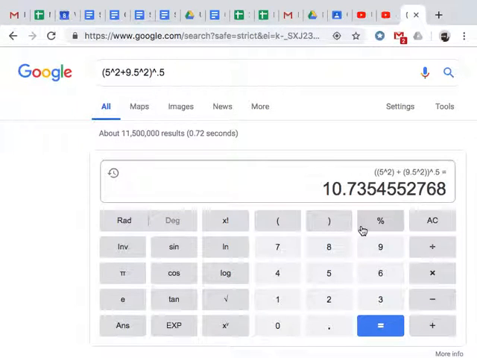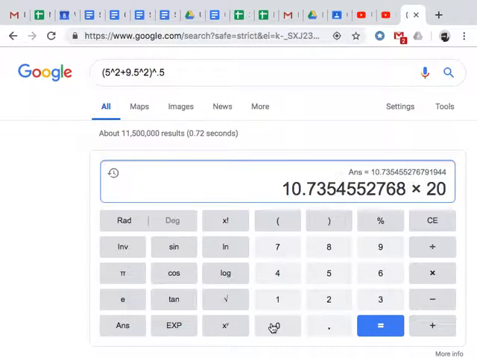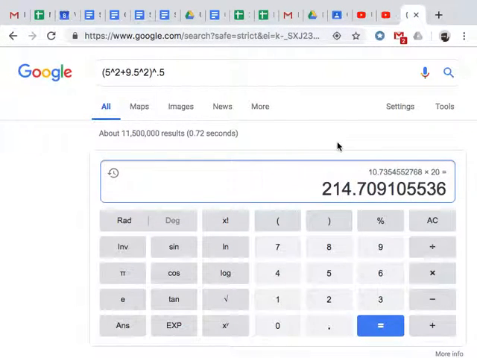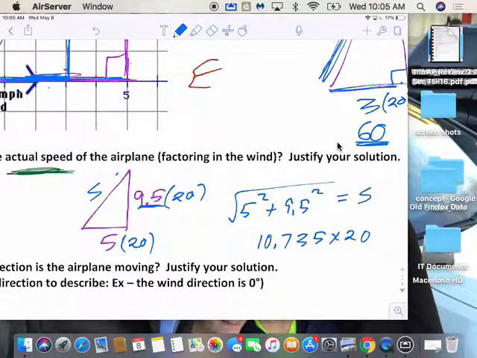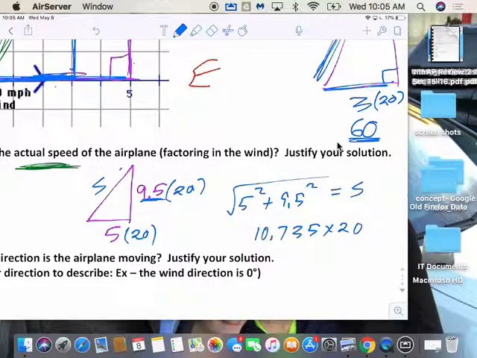What do you think? And that would be times 20 to get the speed, because it's 20 units. And then you guys check me. 214.71. So we just found the speed is about 214.71. Does that seem reasonable?